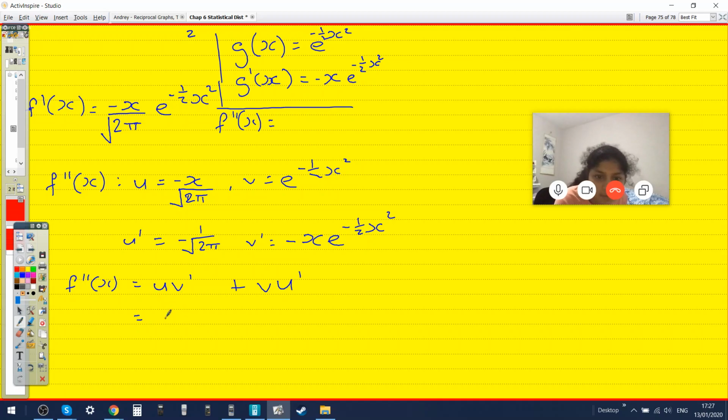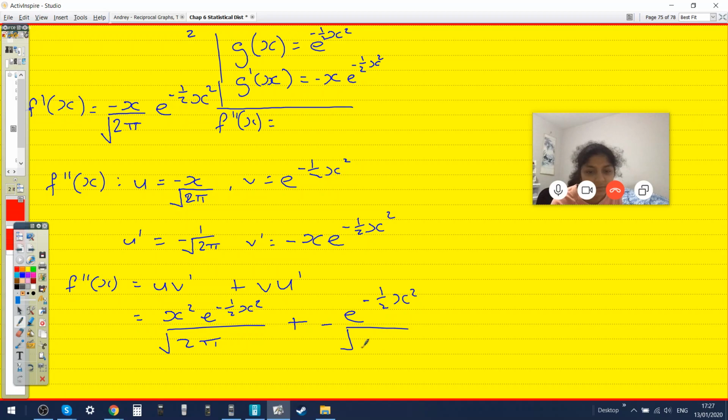So uv dash is x squared e to the power of minus half x squared over root 2 pi. And then vu dash is e to the power of minus half x squared over minus 2 pi, sorry. Yes, and so wherever you put the minus, that'll just be a minus.